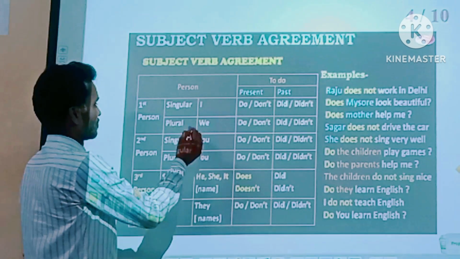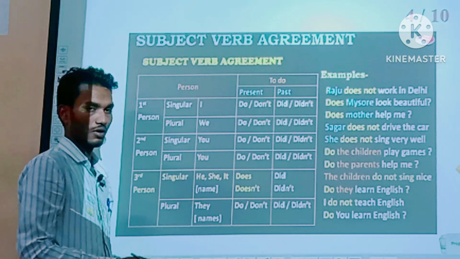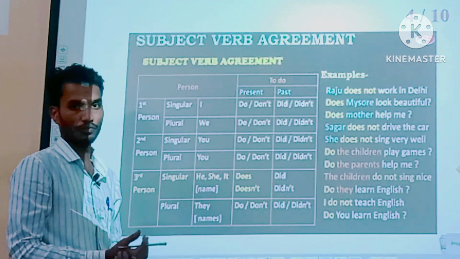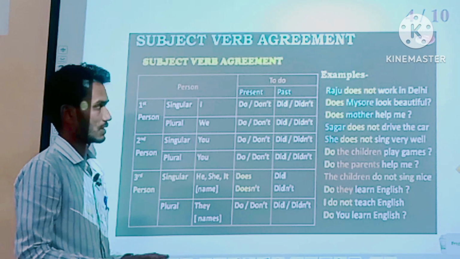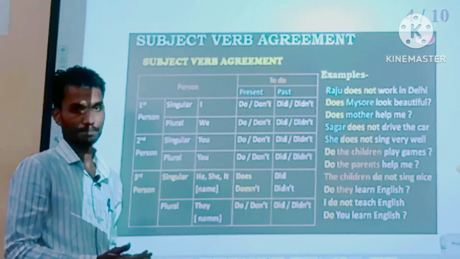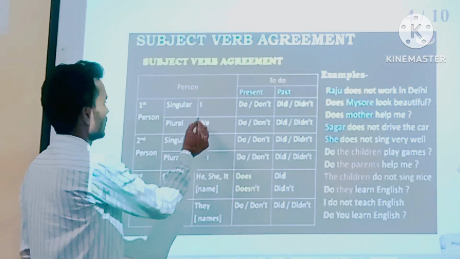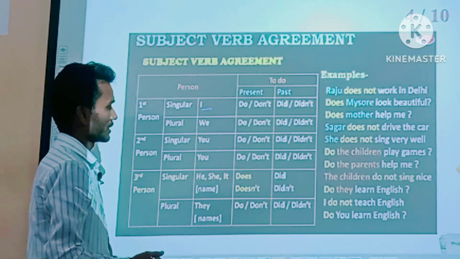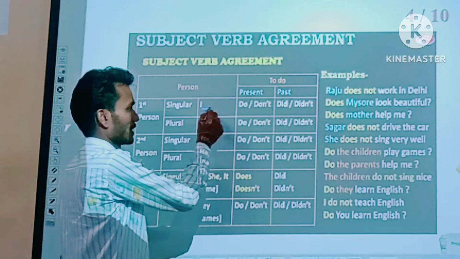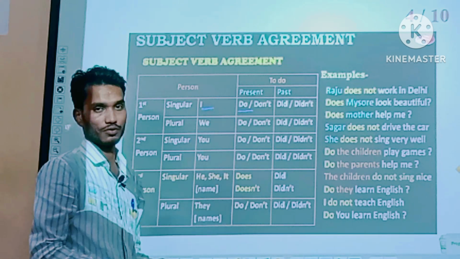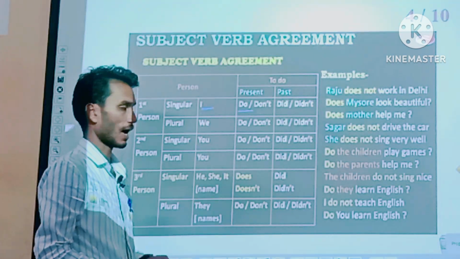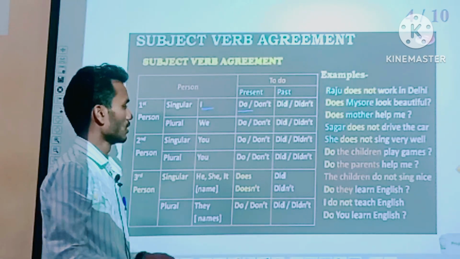If the subject is singular, which do form should be used? If the subject is plural, which do form should be used, right? Here I, in the present tense, takes the do form. I do not work in Mysore, I do work in Mysore, right?